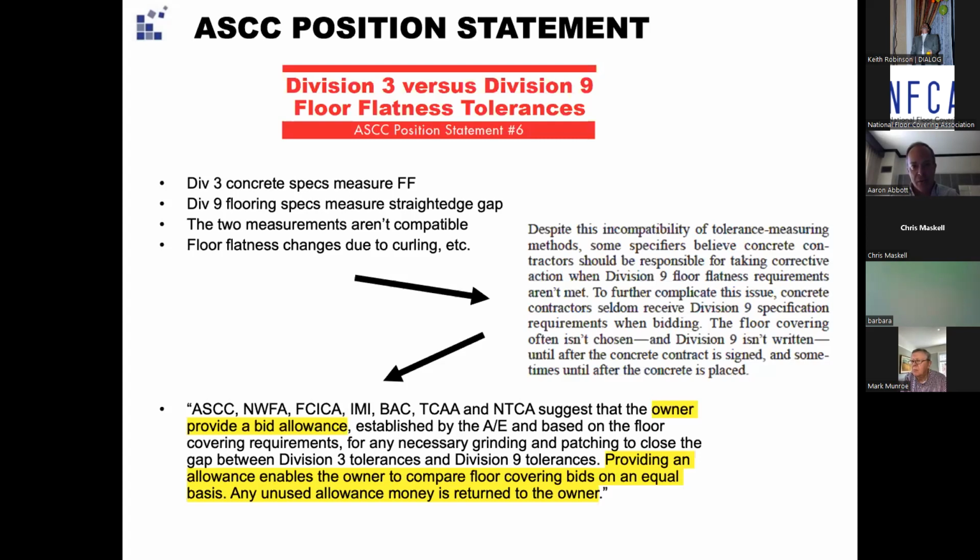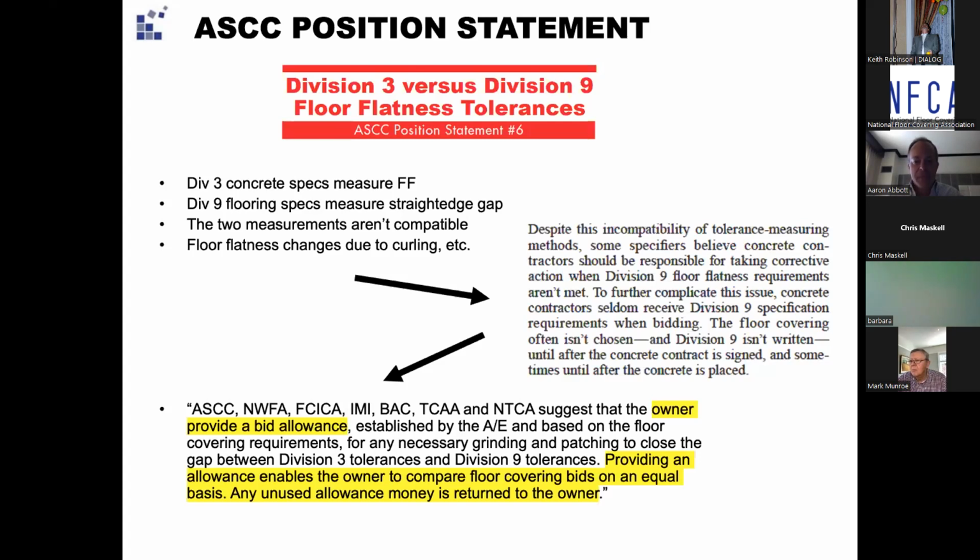And either the floor covering people eat it, or the GC eats it, or the concrete people eat it. But really, this thing doesn't need to be decided at the end of the project. It should be predictable, so anticipated at the beginning.